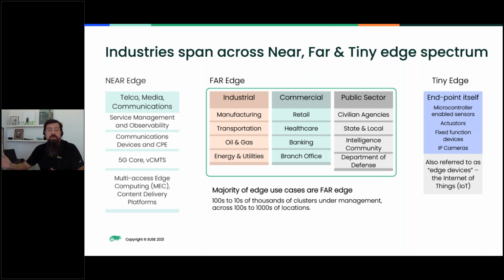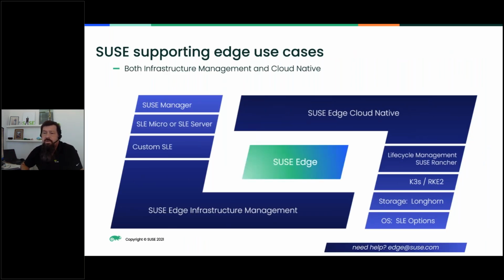Actuators, do I want to open a door or not open a door, or redirect product on a conveyor, things of that nature out at that tiny edge. So we've got all of these pieces, and now you've kind of got an understanding of what's running in each of these categories. And as we've talked to those pieces, the solution set becomes a little different for each one of those components.